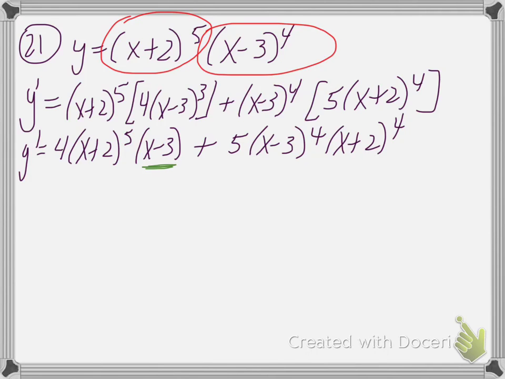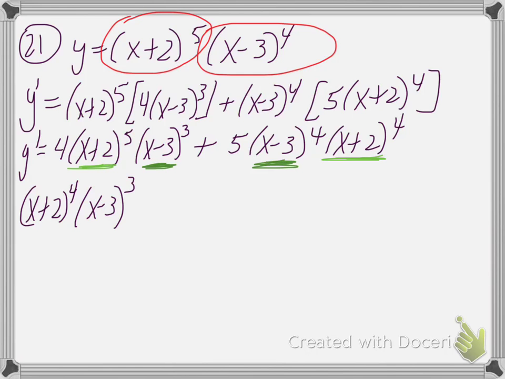There's an x minus 3 here, and there's an x minus 3 here, and there is an x plus 2 here, and an x plus 2 here. So we're going to factor out an x plus 2 to the 4th, and we're going to factor out an x minus 3 to the 3rd. So we're factoring those two things out, and now I'm left with this.